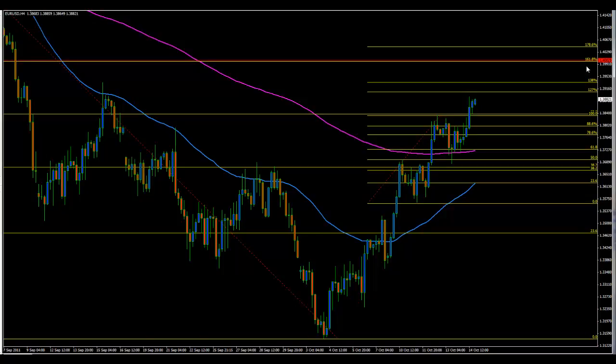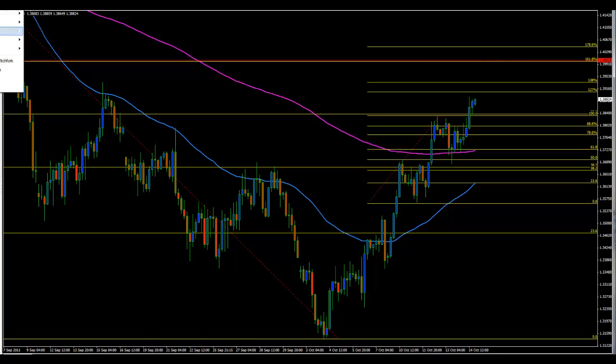It's impossible. All we can do is look at patterns and see what the general crowd theory is. And that's really what the study of charts is. It's just general crowd psychology. What do most people do? Well, most people, it appears, respect this 161.8, 178% zone.